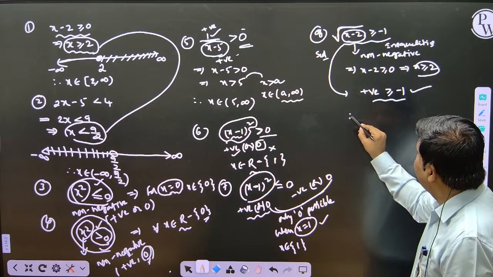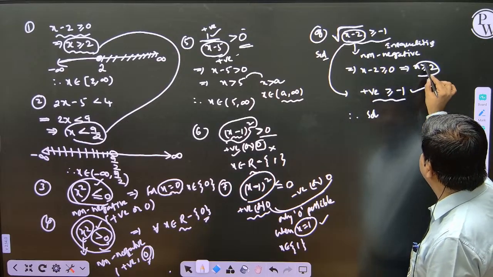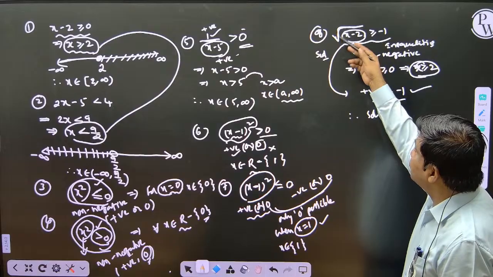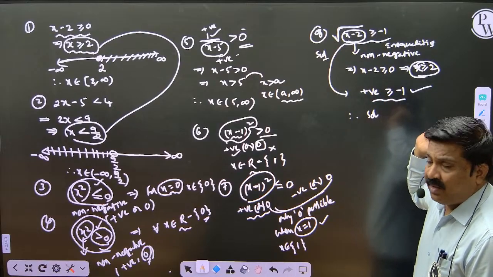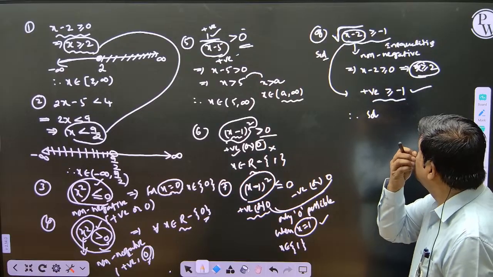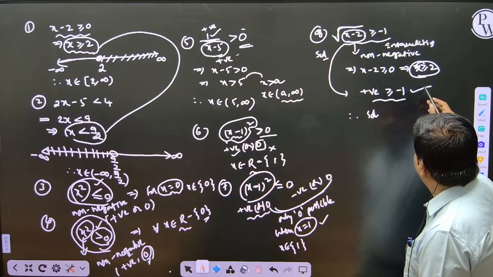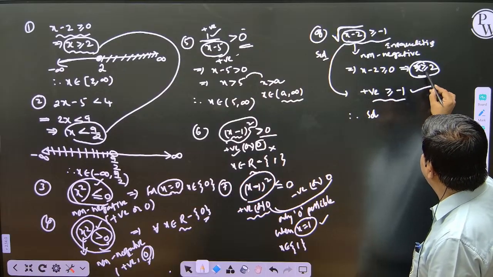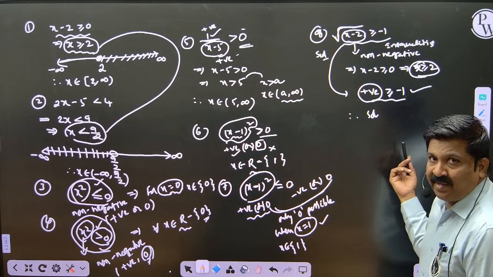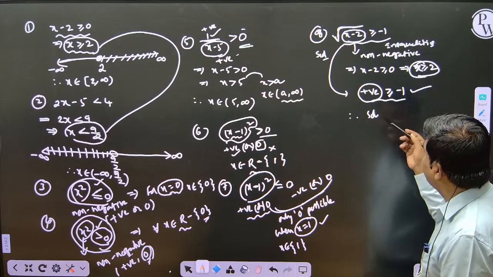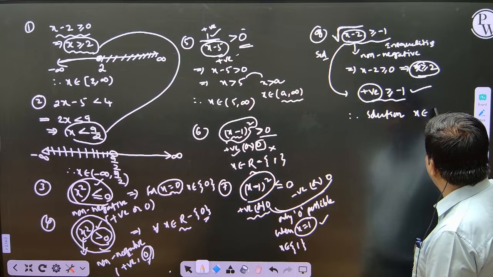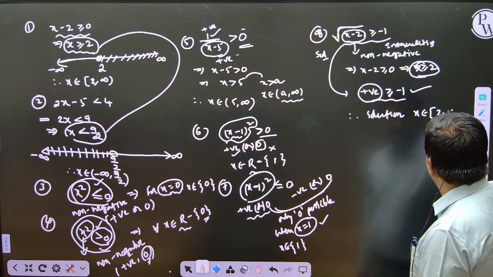Therefore the solution set is x greater than or equal to 2. This square root is real, and it is always a positive value for x greater than or equal to 2, and a positive value is greater than or equal to minus 1. So for every x greater than or equal to 2 it is valid. That's why the solution is x belongs to [2, infinity).